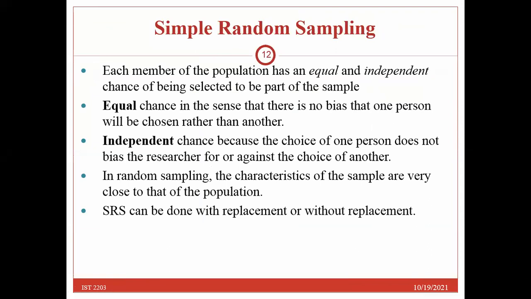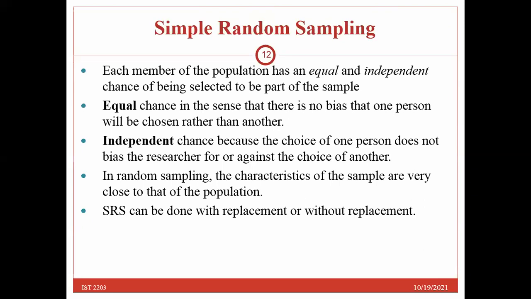It is independent, meaning that the choice of one person doesn't bias the researcher against the choice of another. If you've chosen a boy, you can still choose another boy. If you've chosen a girl, you can still choose another girl. There's no such thing as saying, now because I've got a girl, I want to get another girl. That's what it means. It's independent.